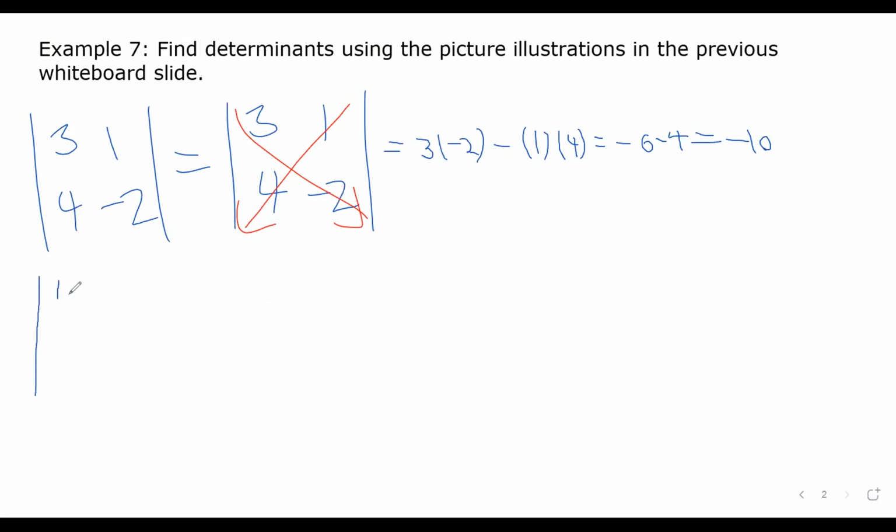Now the next one is the determinant of a 3x3 matrix: the determinant of the matrix 1, 2, 3, -4, 5, 6, 7, -8, 9.